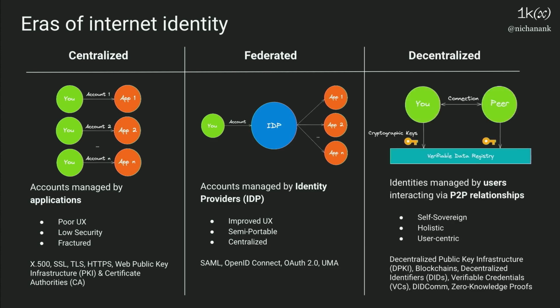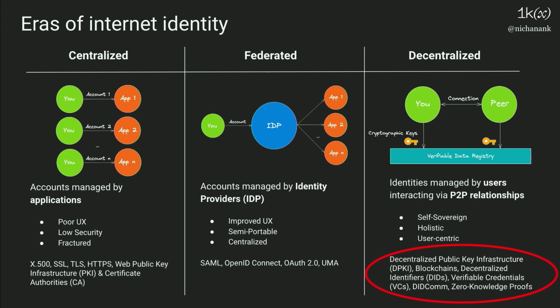So now we're in the decentralized paradigm where it's managed by P2P relationships with no sort of special privileges to any one party. So in the eyes of the registry, these peers are treated the same, which allows us to have self-sovereign identity and a user-centric experience for dApps.